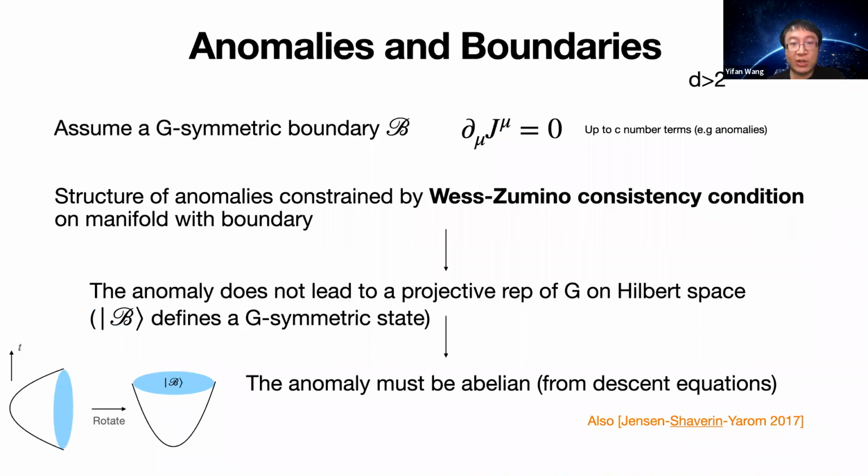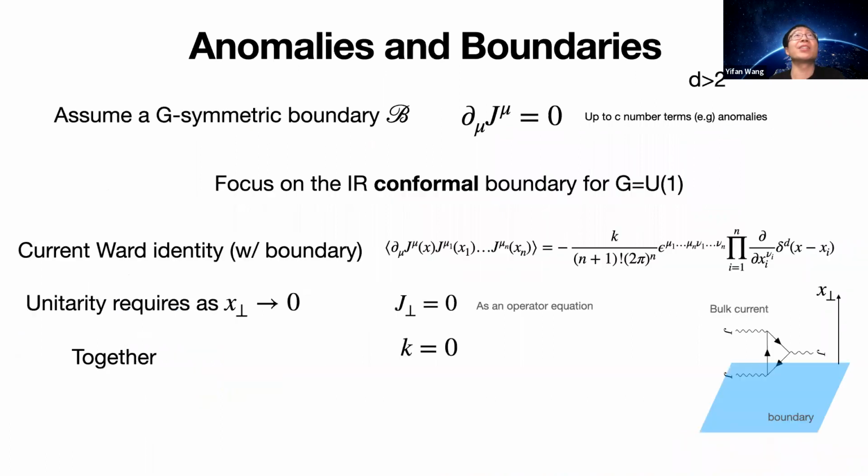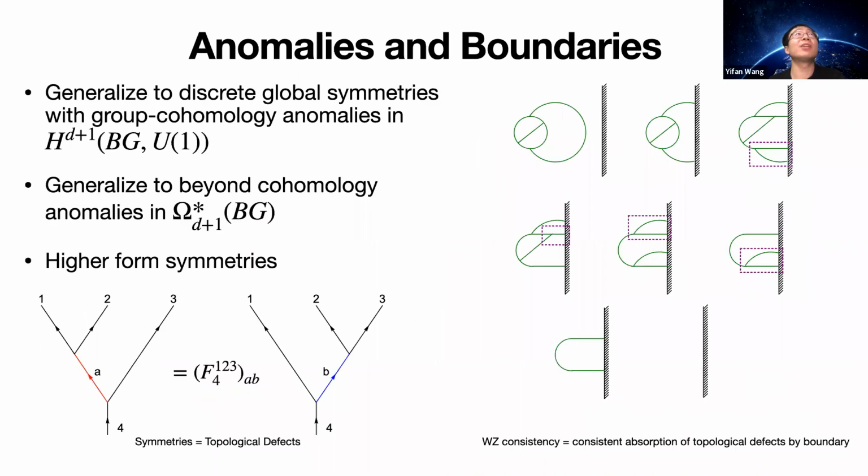Let me skip the derivations in view of time. I just want to mention that this kind of obstruction does not just apply to the ABJ type anomalies, which are defined for conserved currents. They can be extended also to discrete symmetries and their corresponding anomalies. These anomalies are captured by some group cohomology, and their further generalization.